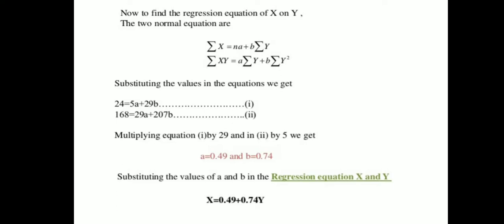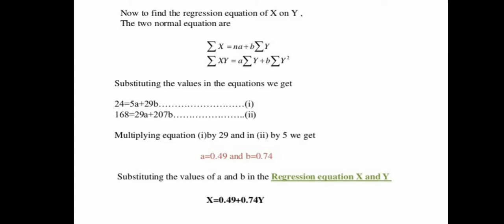The main idea is we have to solve the two unknowns a and b with the help of these two normal equations. To solve this, the main idea is to make any one common. So between 29 and 207, we have to make either b or a common. Here the smaller values are for a, 5a and 29.